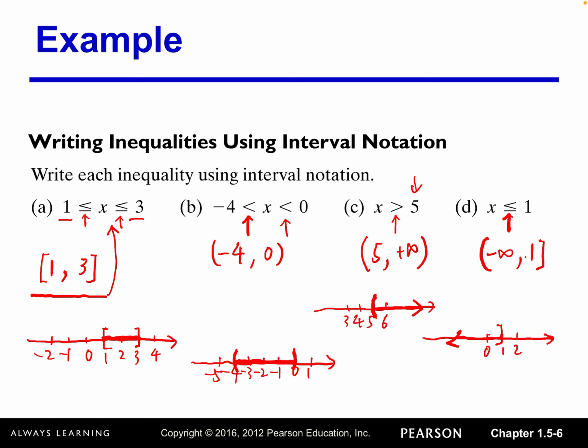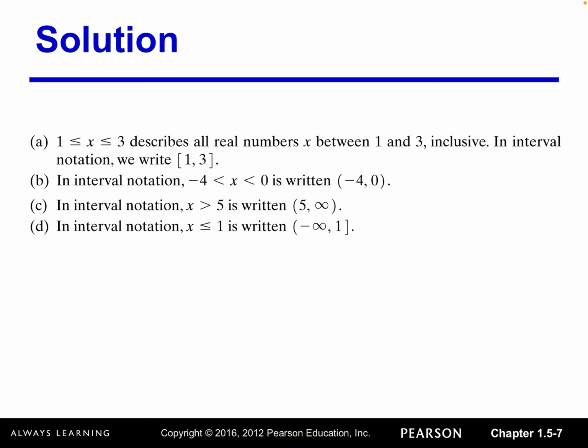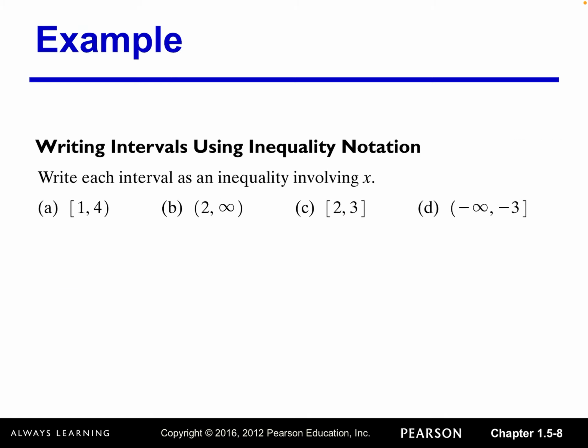All right, that's how to write inequalities using interval notation. What about backwards? How do we write intervals using inequality notation? It's very similar. If you are given interval notation like this, you see both boundaries indicated, so x must be between these two boundaries. The left-hand side is the lower boundary, the right-hand side is the upper boundary.